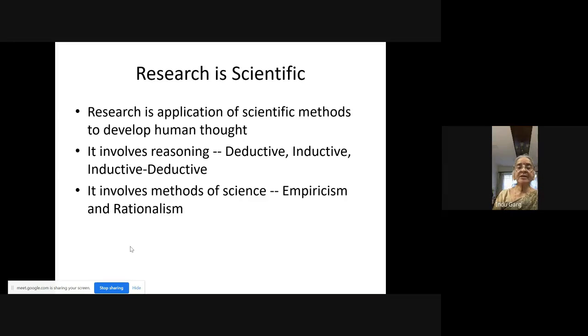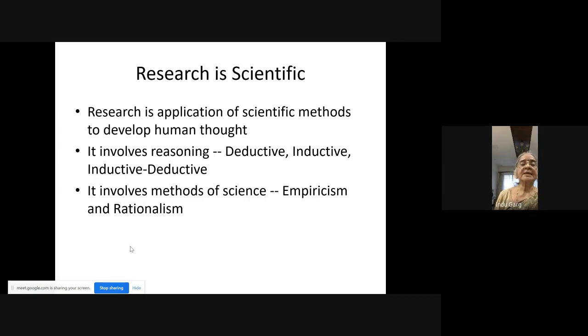So we have the general definition, we understand it, but we look at specific examples to arrive logically at a solution. Inductive is many ideas are there, many examples we can see. We try to understand them and then arrive at a general definition of it. And inductive-deductive, you can look at examples, you can make a theory, you can again look at examples more and again come down to a definition or a theory or whatever you want to say.